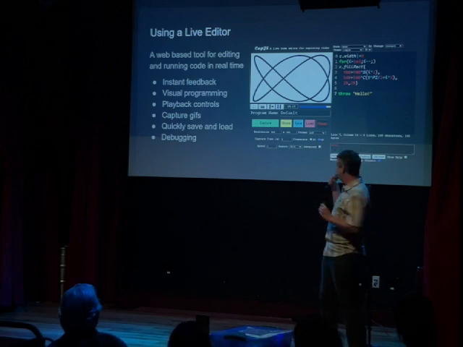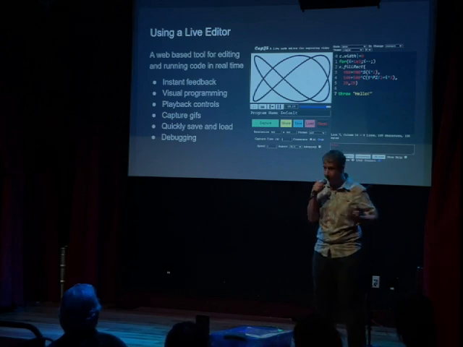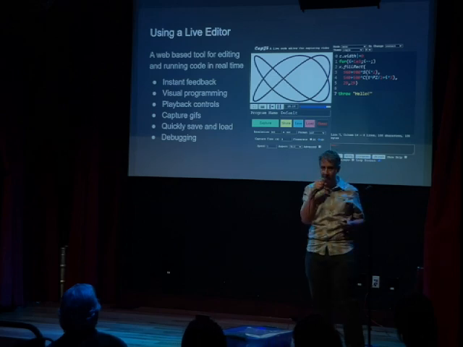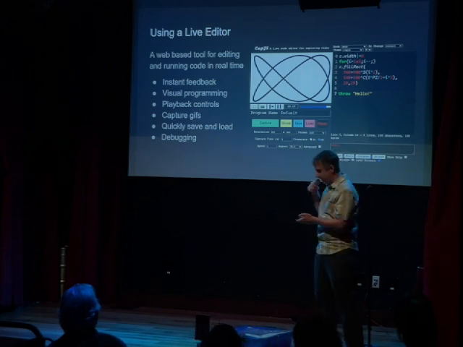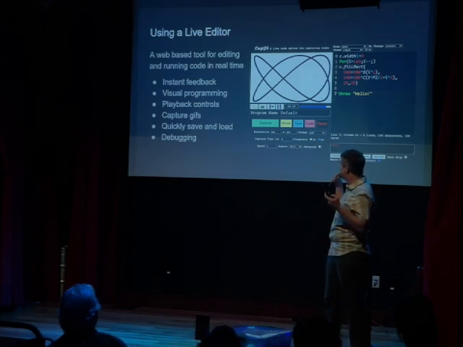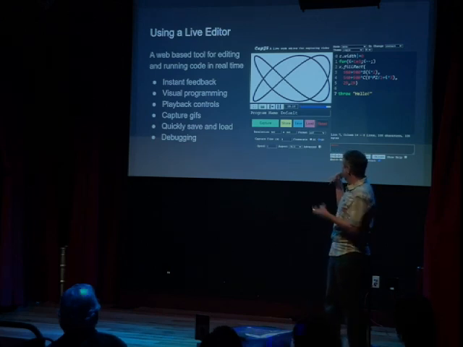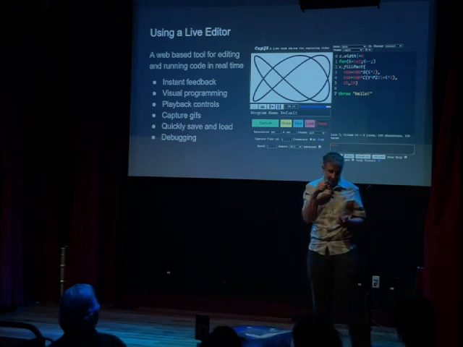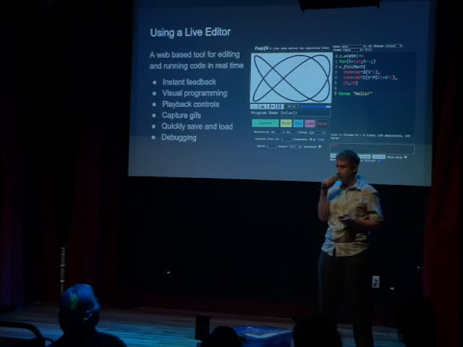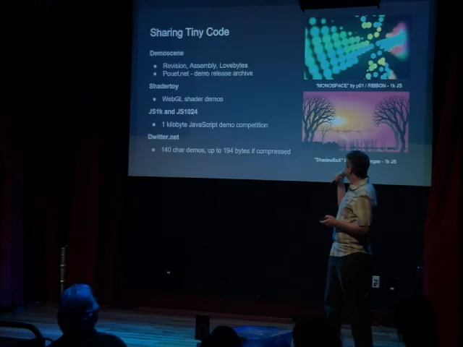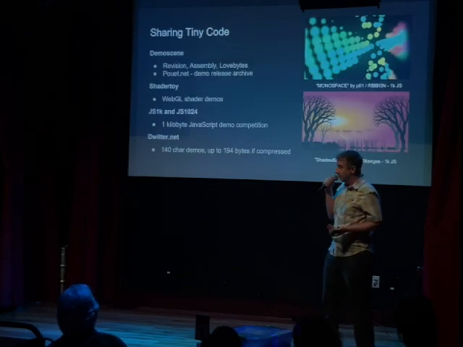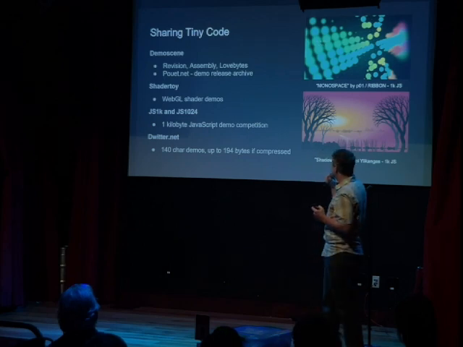If you change one number, the result will change right before your eyes. It's the most amazing instantaneous feedback that completely changes the whole art of programming, really. Some of these tools have other features built in, like capturing GIFs so you can share it on social media. You're going to want to share these tiny programs that you make.